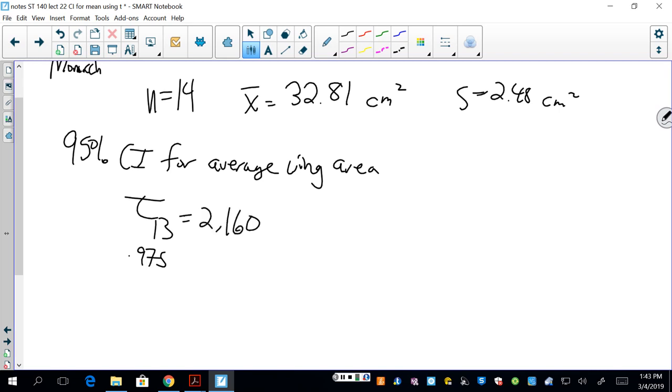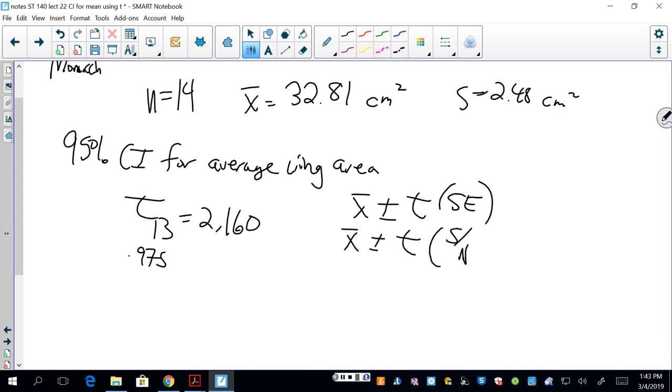So we're going to get x bar plus or minus the t-value times the standard error, or x bar plus or minus our t-value times s over the square root of n. With the formula, it's always important to distinguish s versus s over the square root of n.